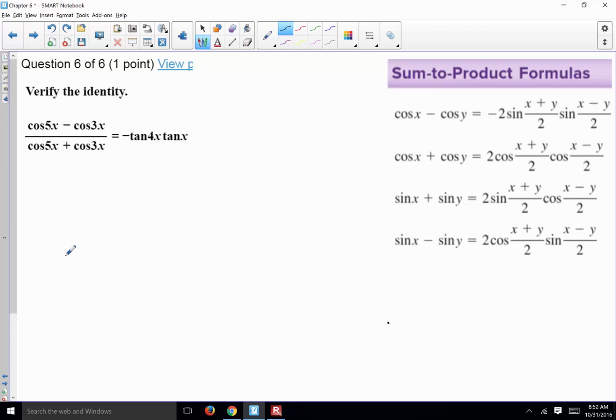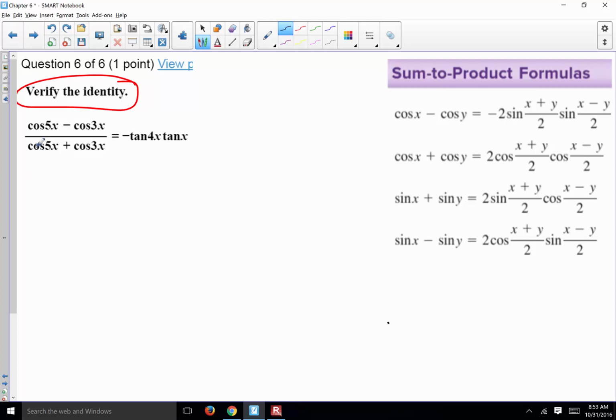Alright, let's quickly try to finish this part. This is a verify identity type question. Whenever you see this statement, you need to pick a side and start with that side. Which side do you think is most promising, most related to some product formulas? Which side has more potential?